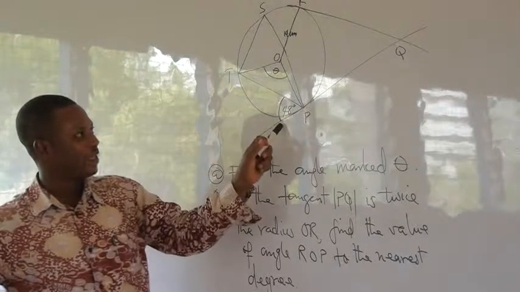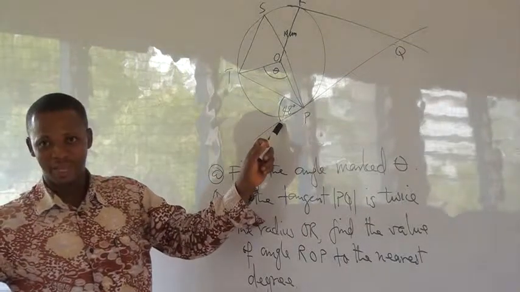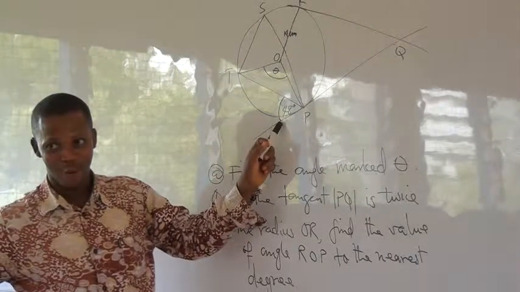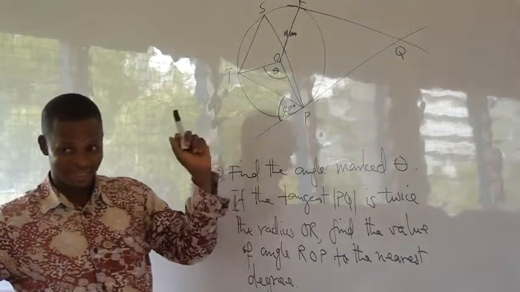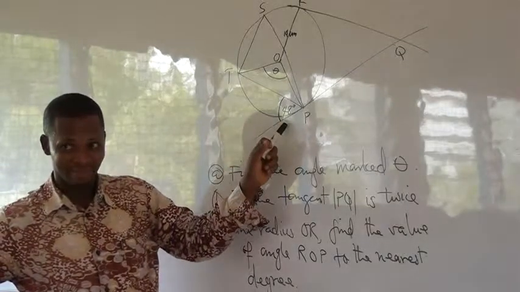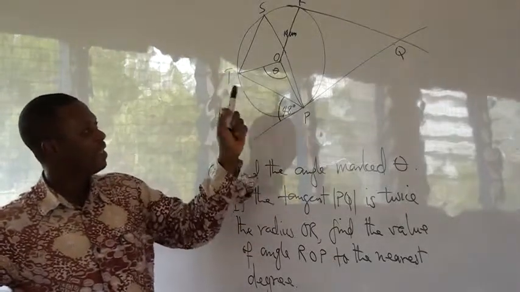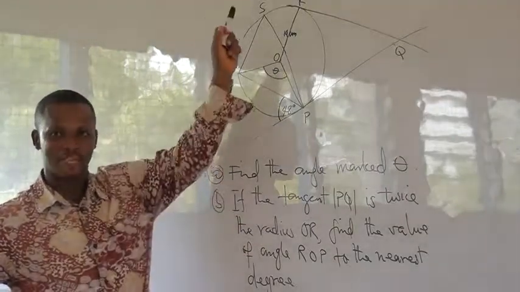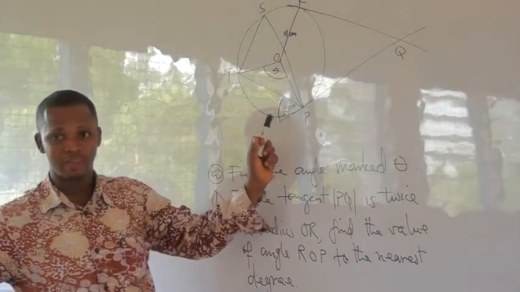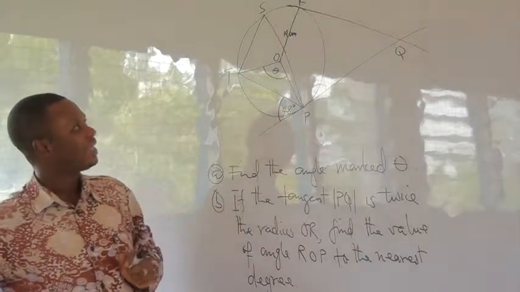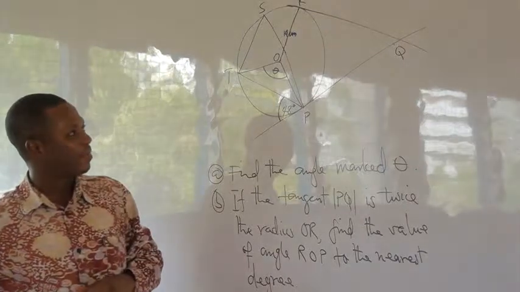This is the 48 degrees angle here at the point of tangency, not at the circumference, but at the point of tangency in the minor segment. So it means that PT subtending any angle in the major segment, that angle will be 48 degrees. Is there any angle that PT is subtending in the major segment? Yes.